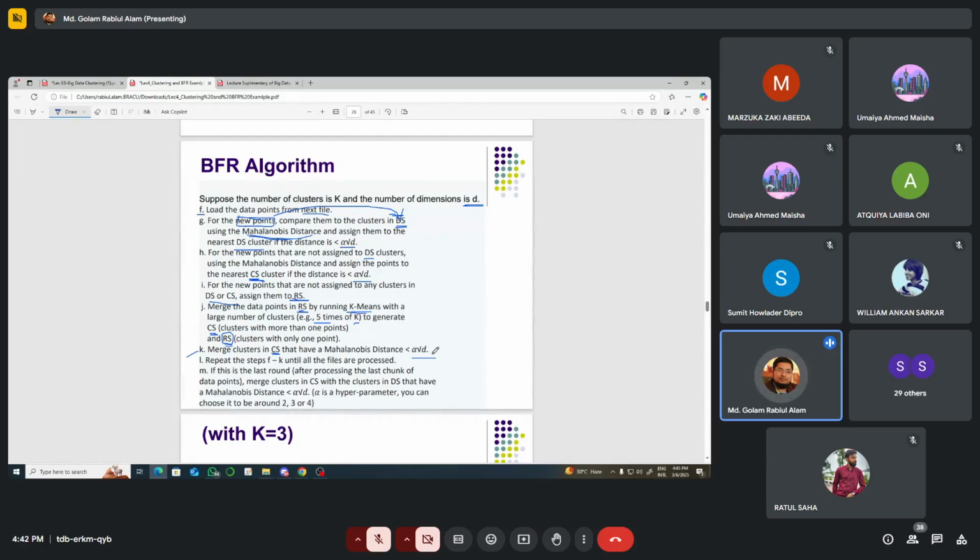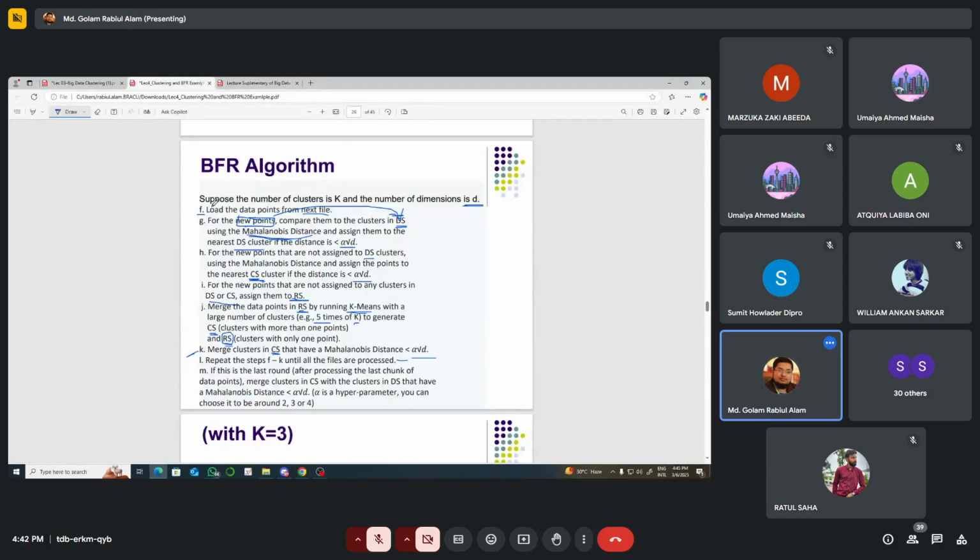If the Mahalanobis distance between two clusters is very close, then we have to merge those clusters. And then repeat these steps until all the files are processed.